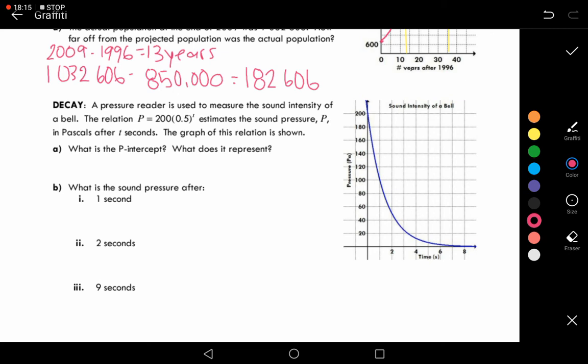Looking to find the P-intercept, what we're doing is finding the point on our graph where we cross that y-axis. So that point is at 200.